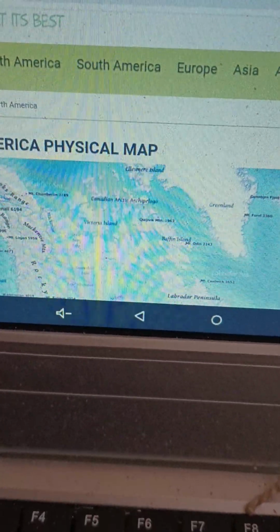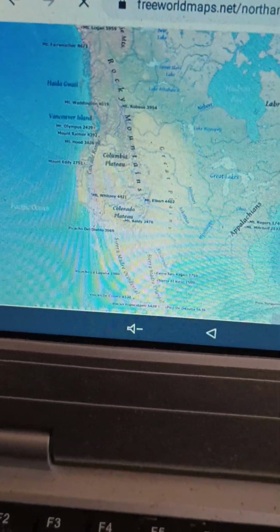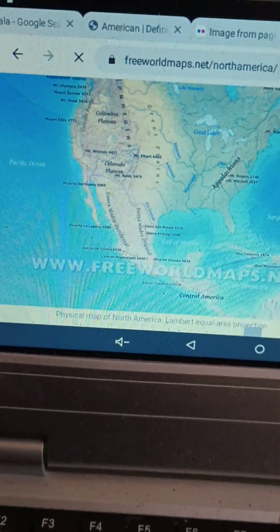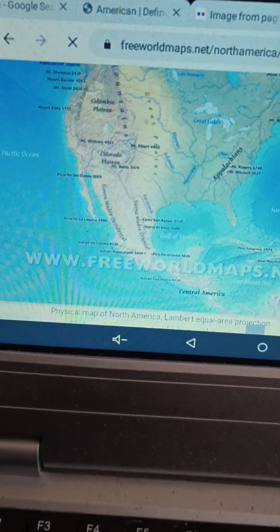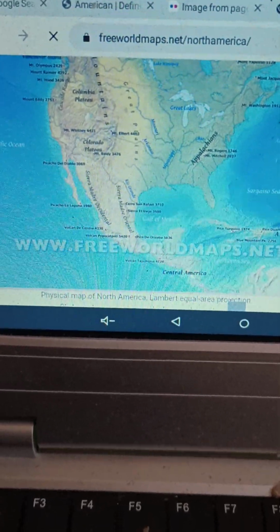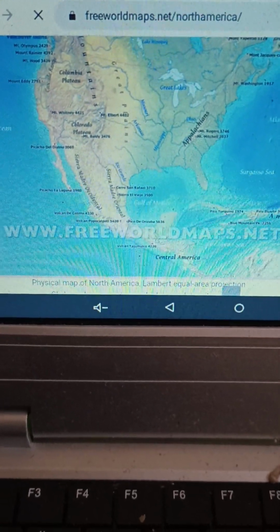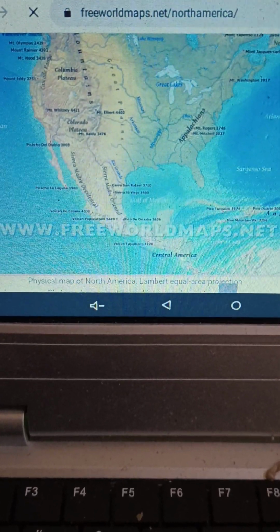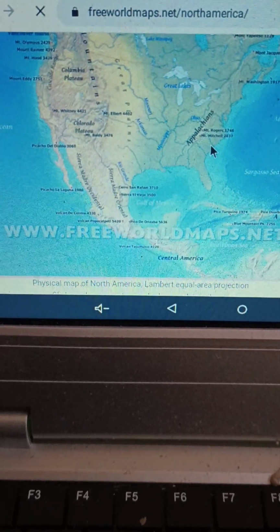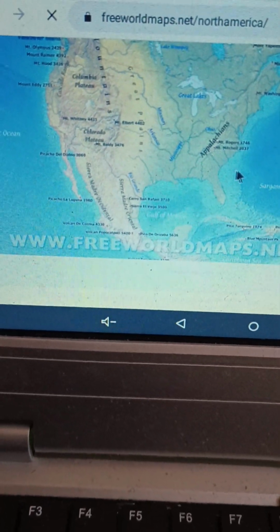Okay, so this is a physical map of North America. At least what the person who came up with the term foundational Black American accepts is that people were transported from West Africa, which you cannot see, to the mainland or the continent of North America. They do acknowledge that.